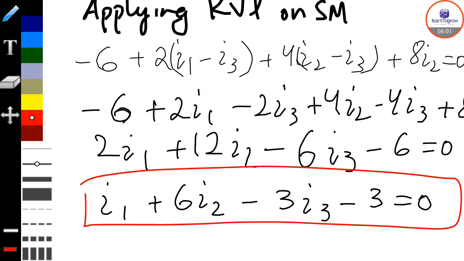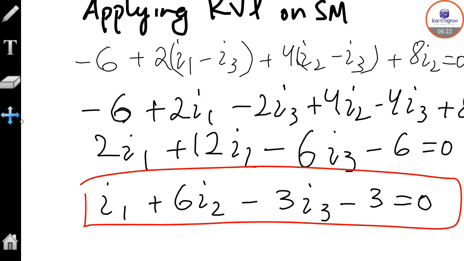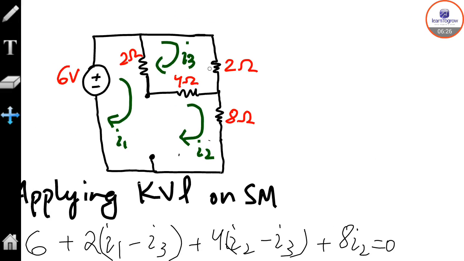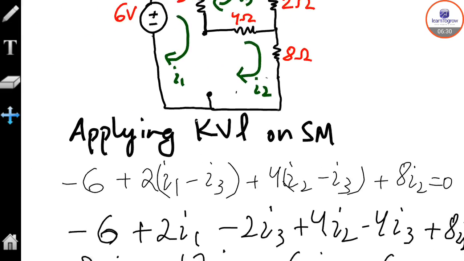Now you can see I have successfully simplified my first mesh equation. Here you can see that I have three variables in my first equation, I1, I2 and I3. I require two more equations to solve these three variables. Now the second equation will simply come from this mesh.